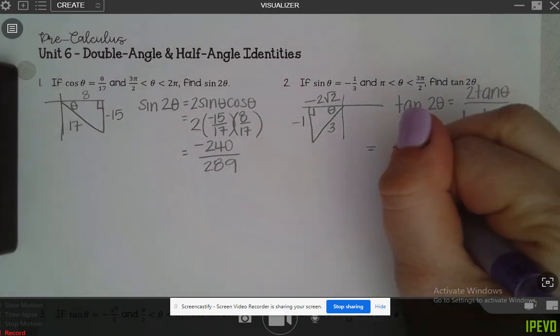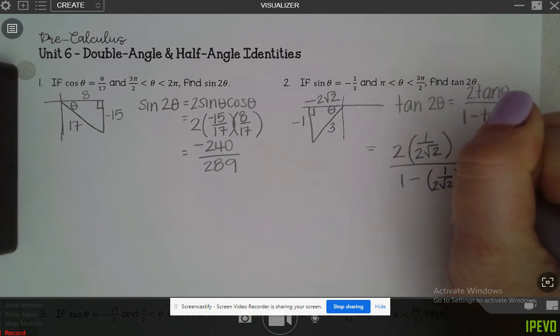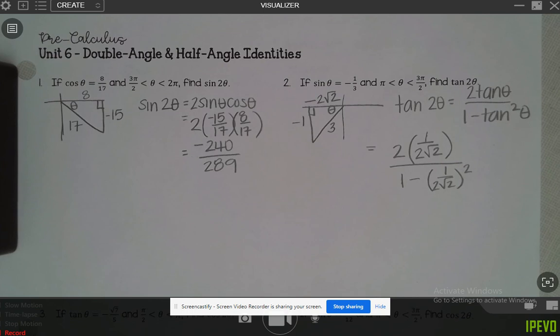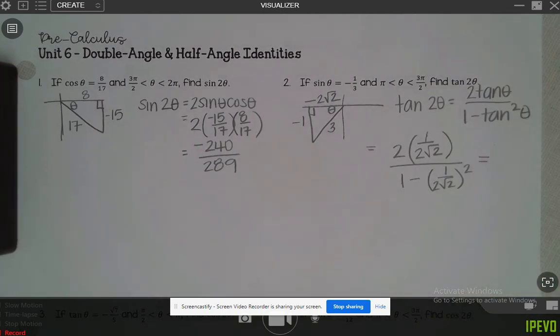Divided by 1 minus 1 over 2 radical 2 squared. Now notice, I didn't rationalize anything because eventually you will, but don't do more work than you have to. So, simplify my numerator. I'd multiply the 2 with the 1, yes? But then the 2 and the 2 cancel.